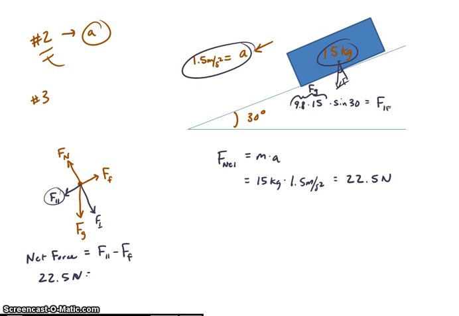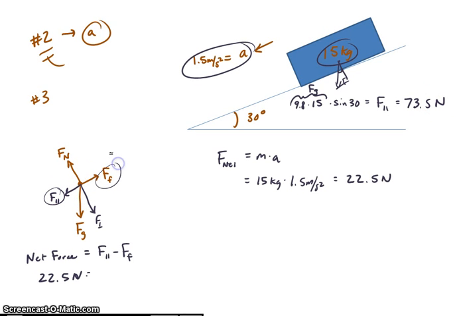So I'm going to take my 9.8 times my 15 times sine of 30, which tells me that my force parallel is 73.5. Let me just double check that. Okay, so that's how many newtons I have acting down.